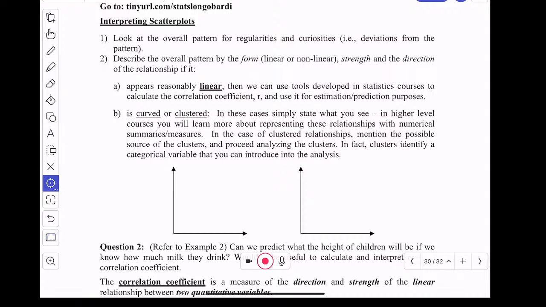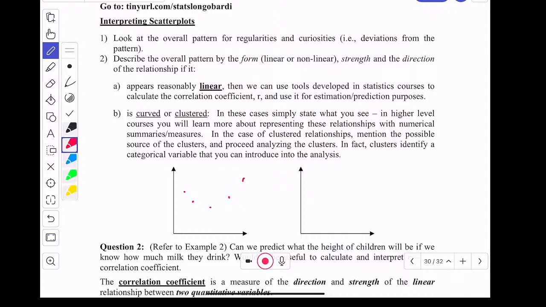If you see a relationship that's curved or clustered, in these cases, simply state what you see. In higher level courses, you'd actually use a curve to make estimations and clusters to make estimations as well. But we're not going to do that here. So just to give you an example of what I mean about curved, you could have a relationship like this.